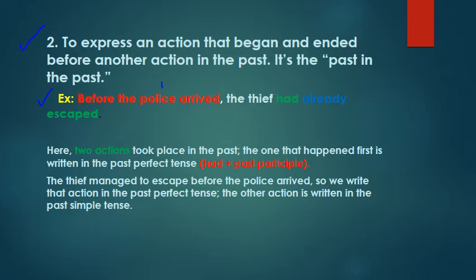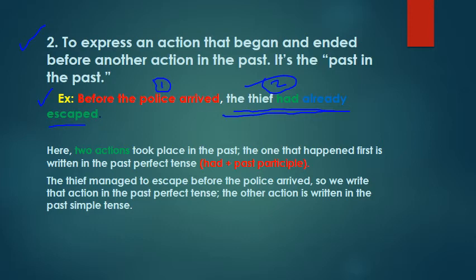Action 1, this is the first action, or this is what happened first. Those are the 2 actions. The police arrived or the thief already escaped? No. Before the police arrived, the thief had already escaped. This happened first. So we express it in the past perfect tense.